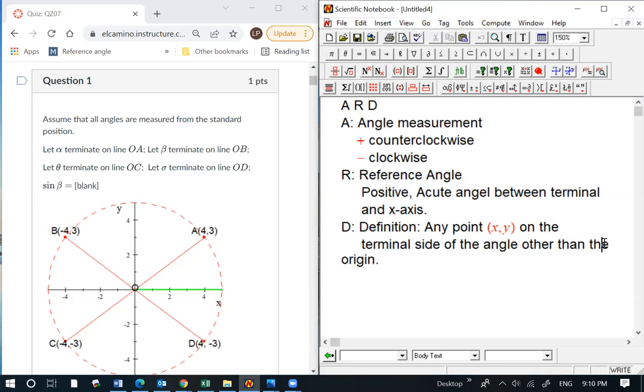Once we have this, we will have the definition for sine, cosine, tangent, cotangent, cosecant, secant.